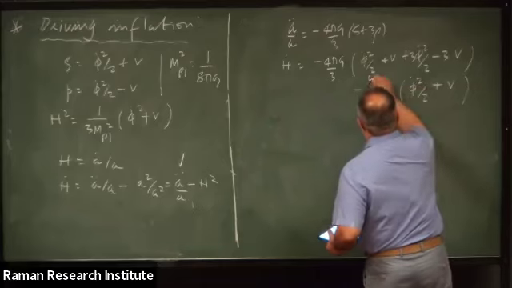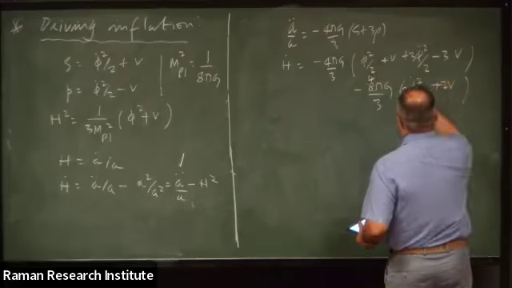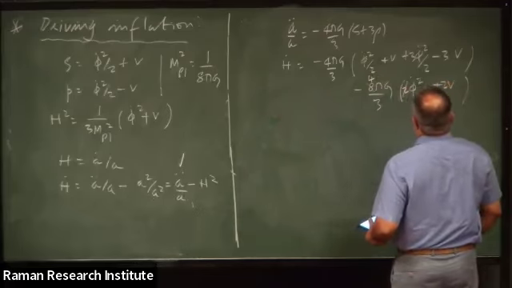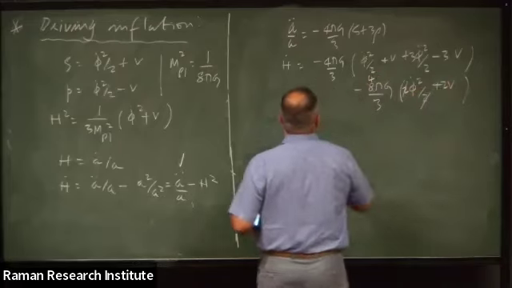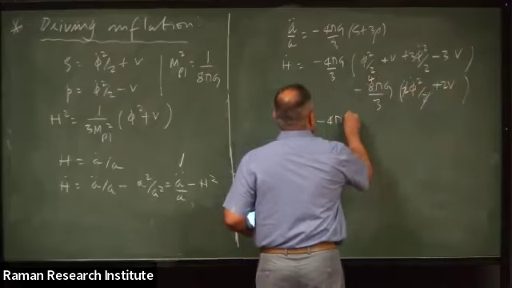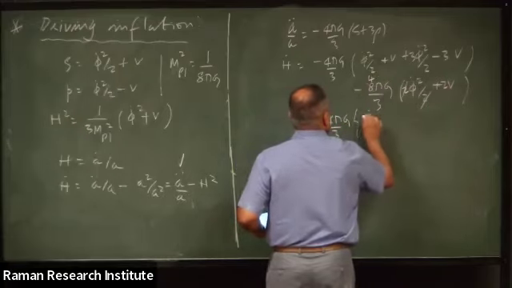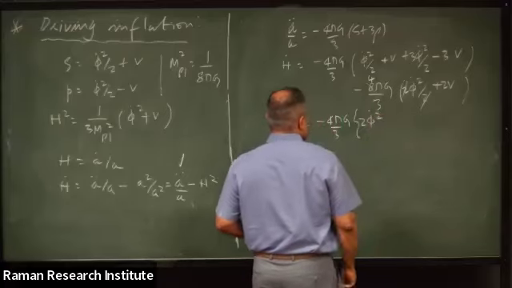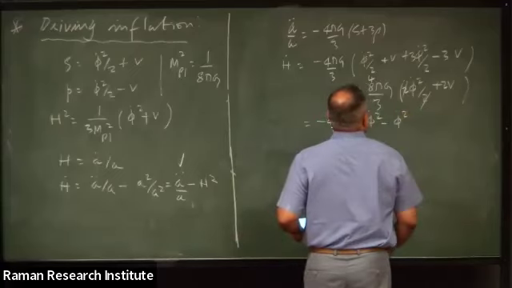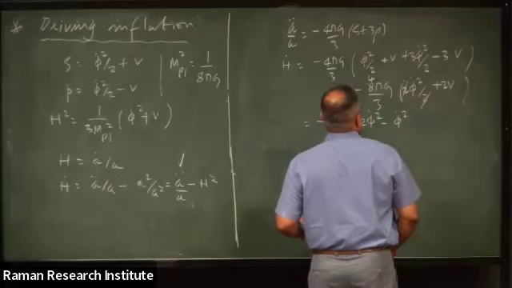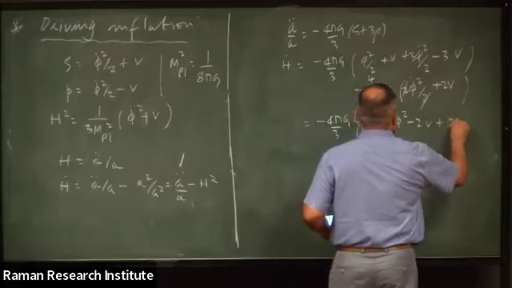If I write a 4, the 2 and 2 go away. So what do I get? Equal to minus 4 pi G by 3, this is 2 phi dot squared, minus phi dot squared, minus 2V plus 2V.